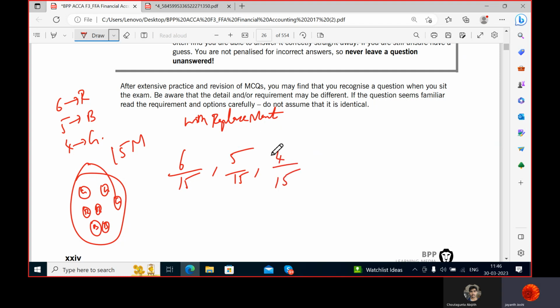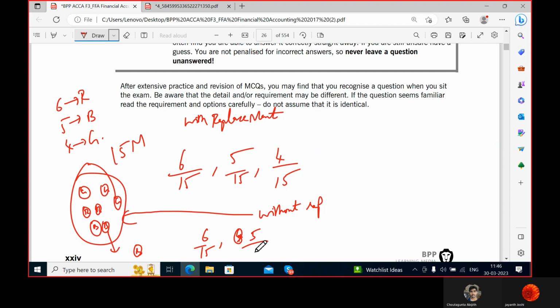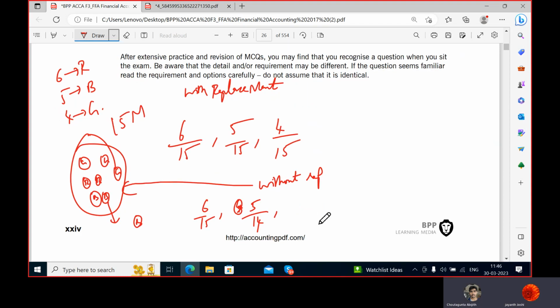This is with replacement. But when it is without replacement, you simply pick out one ball and keep it outside. So the probability of drawing a red ball is 6 by 15, but the probability of drawing a blue ball will be 5 by 14, and then 4 by 13. It goes in that way.